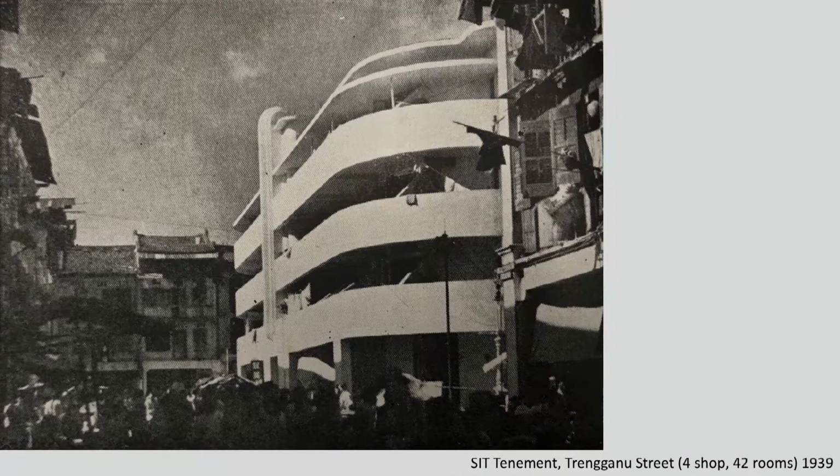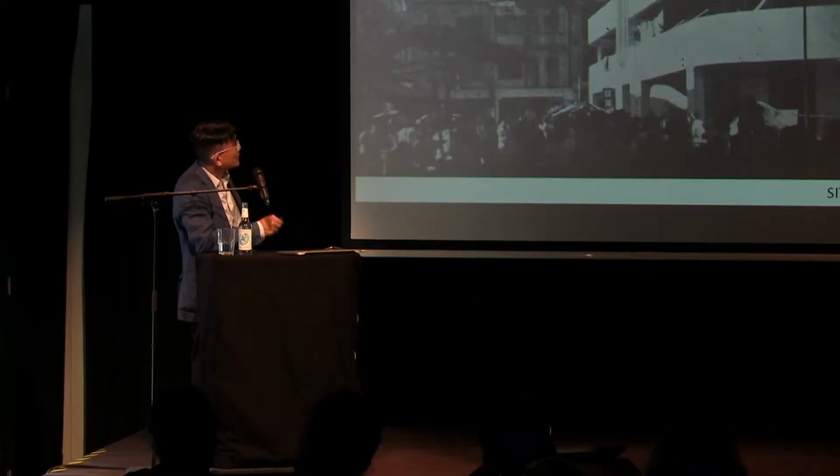a trust called the Singapore Improvement Trust. And this is one picture that they show, built in 1937 to 1939, a building in Terengganu Street, contrasting with the very crowded shop houses along the side.